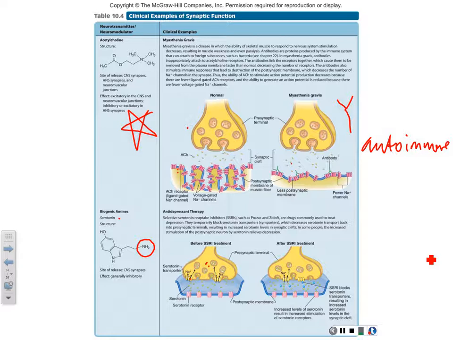So when you're depressed, you need to have more serotonin in there to inhibit that activity that is causing depression. So what do you do? You block the sodium symport that symports it back, so you prevent the reuptake. Remember, one of the ways to stop a neurotransmitter is reuptake, right? To take it back into the presynaptic cell. So I want you to know about serotonin as well. That's another new one, and how it is involved in depression. And it's mostly inhibitory.